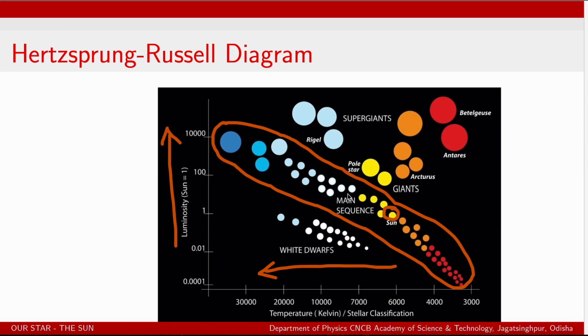Here we have the bigger stars, and down here we have the smaller stars. You can see the smaller stars have lower luminosity and lower temperature, while the bigger stars have high luminosity and higher temperature. Here you can see a color coding.